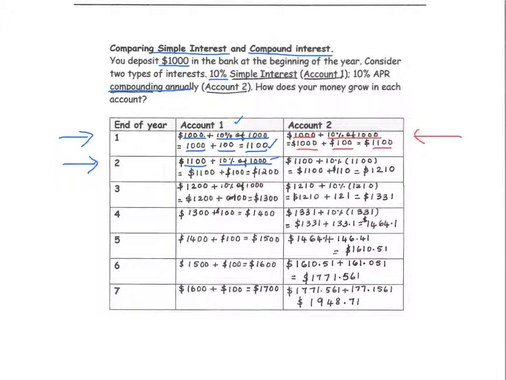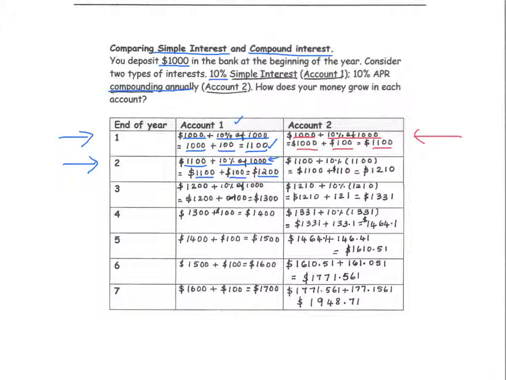That is an important thing to notice. It's 10% of what we started off with, not what we have in the bank at the end of the first year. So basically, the exact same amount, $100, gets added on to the existing $1,100, which makes it $1,200.